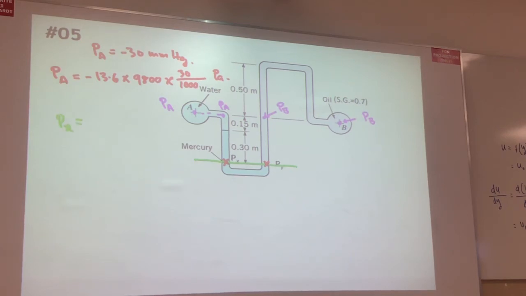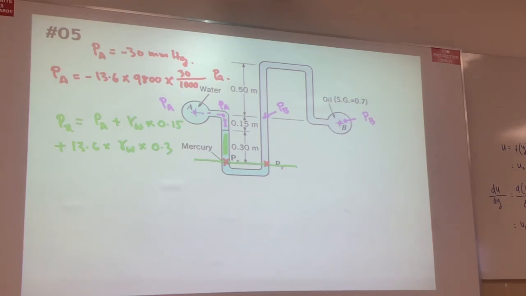Px becomes PA plus gamma of water times 0.15 plus mercury, right? 13.6 times gamma of water times 0.3. Correct? Because this fluid is mercury, this fluid is water.